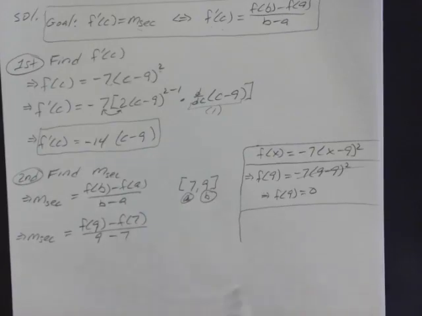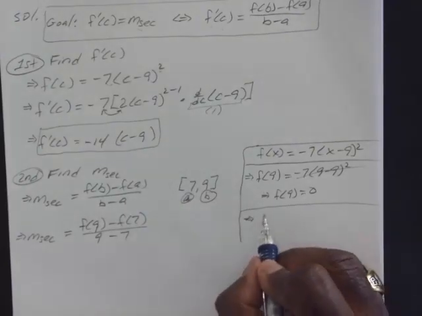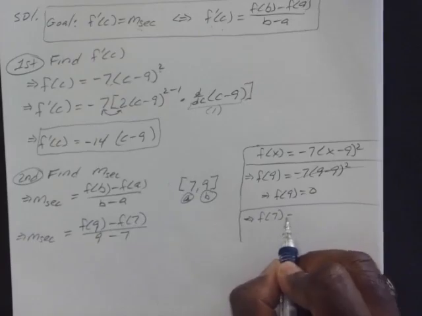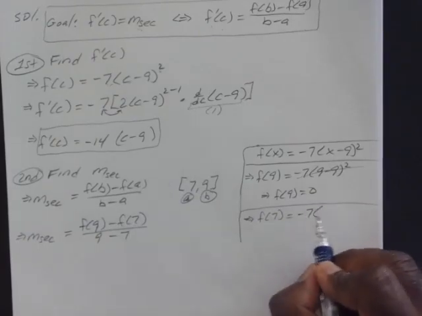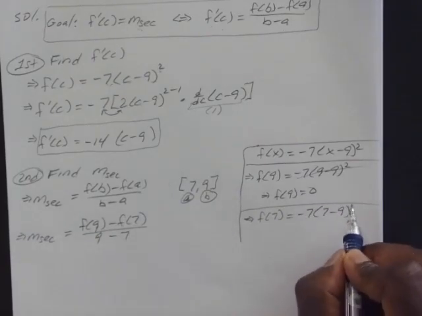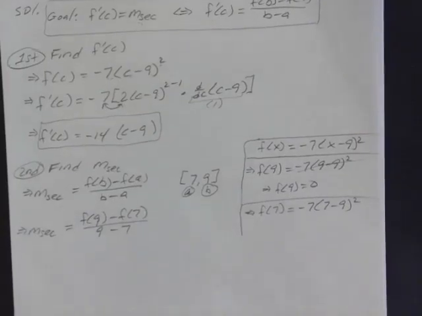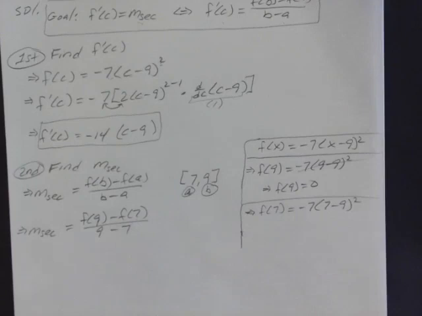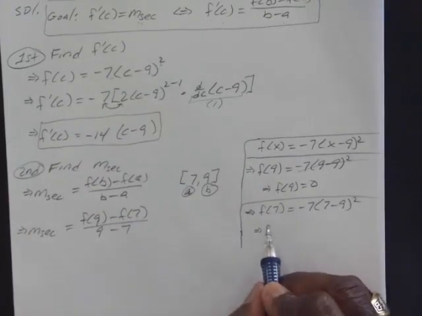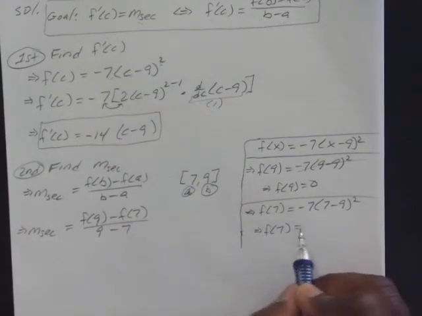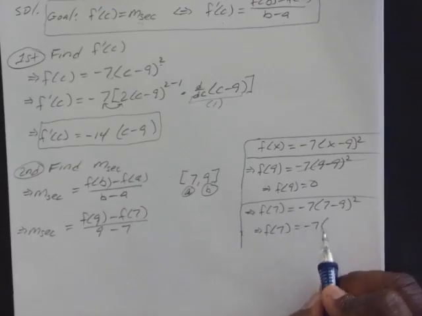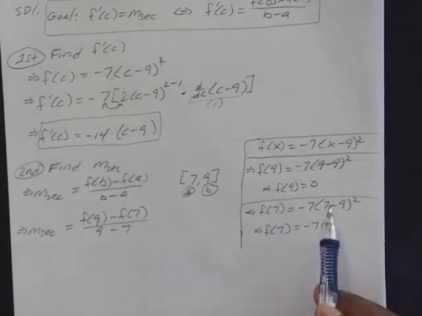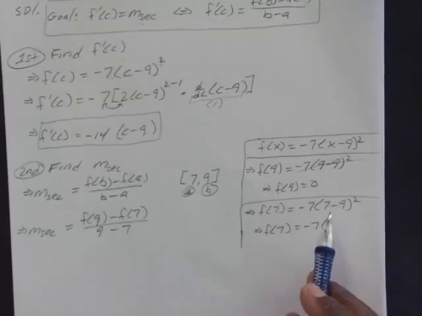And we do the same thing for f of 7. F of 7 is just equal to negative 7 times 7 minus 9 squared. So if we simplify that, we know that f of 7 is equal to negative 7 times 7 minus 9, which is negative 2.